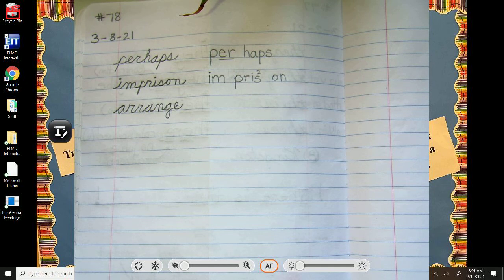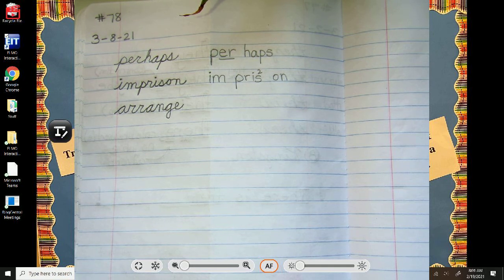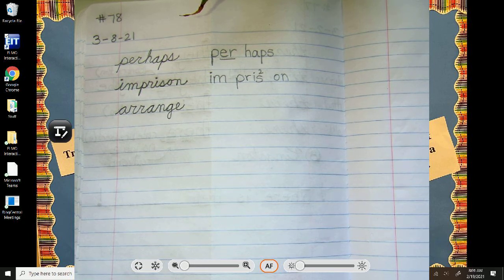I will arrange a time for you to work on your magic tricks. Arrange. Scholars, pause for a moment. Try analyzing arrange. Little hint, 2 rules in arrange.